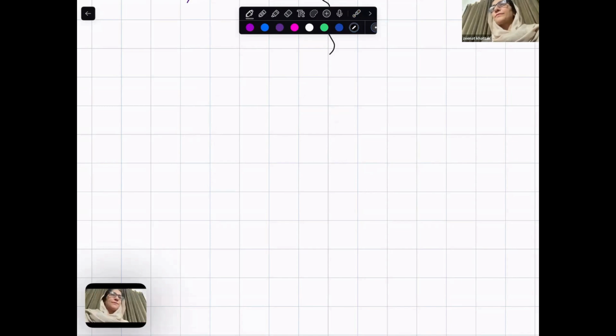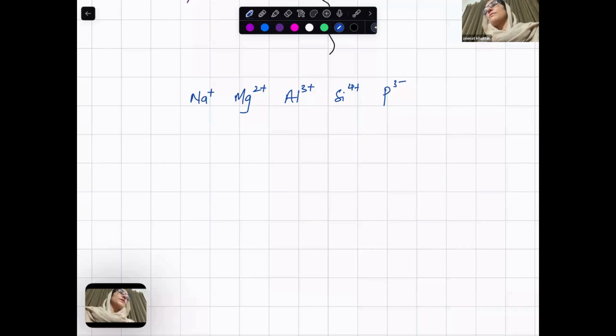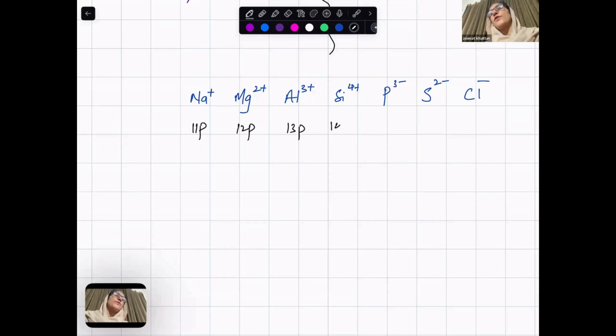Across a period. Look, Na plus, Mg2 plus, Al3 plus, Si4 plus, P3 minus, S2 minus, Cl minus. This is period 3. Look, 11 protons, 12 protons, 13 protons, 14, 15, 16, and 17.